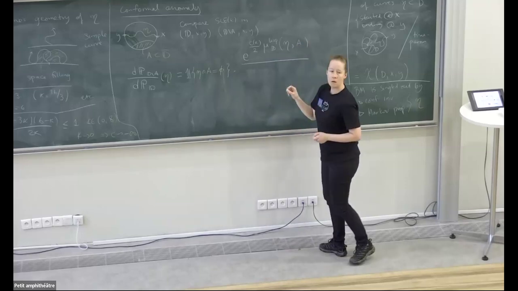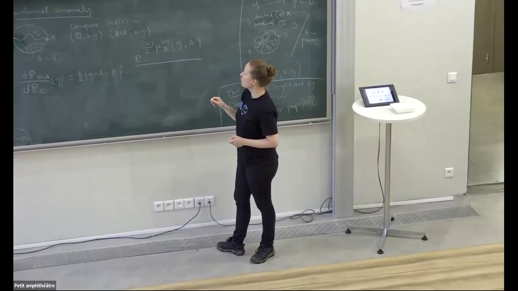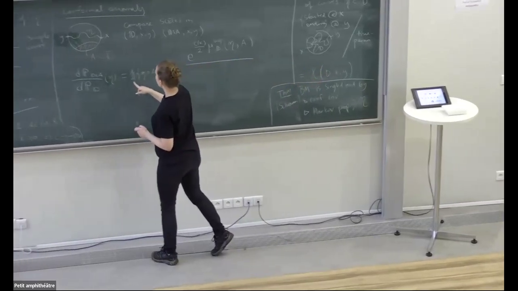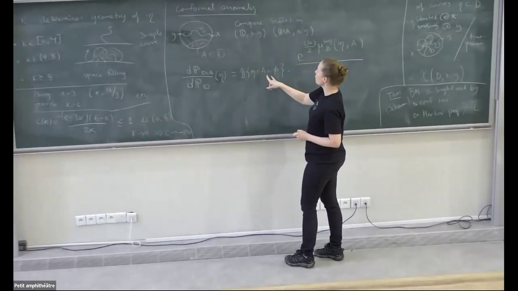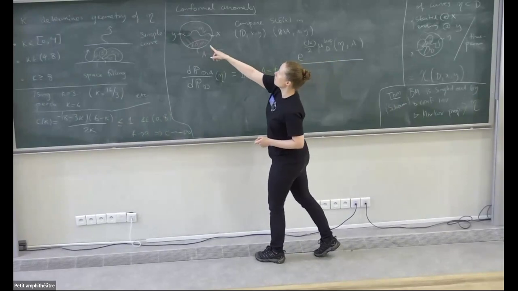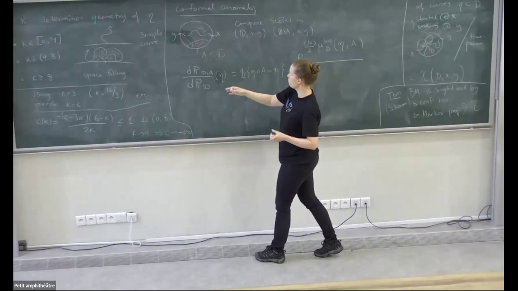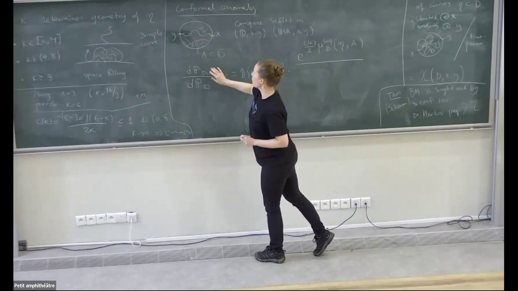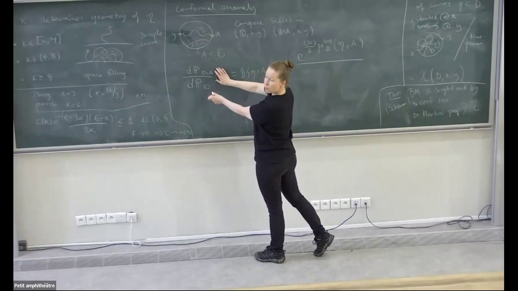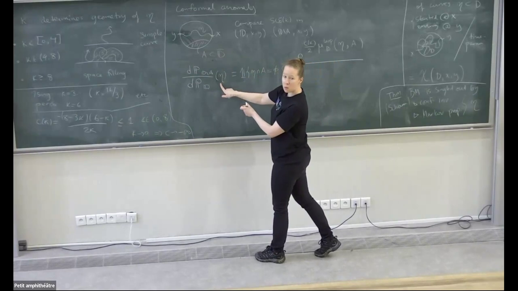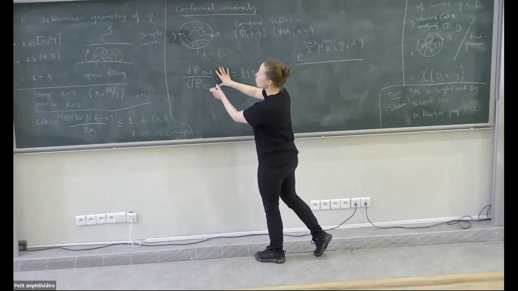Sorry, what is the bold one? This bold one? This means the indicator function that the curve doesn't hit this set, because the curve is random. And what is this object? It's a measurable map on the space of curves, and that's why I have the curve there. And this is common notation.